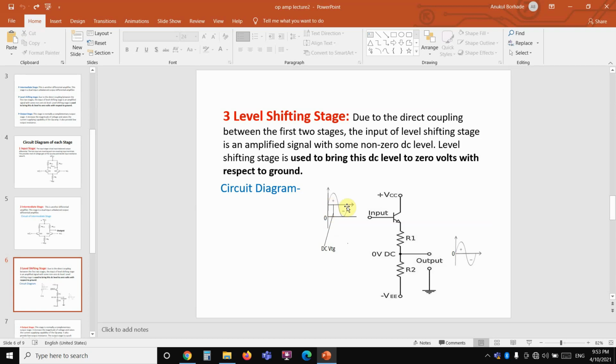Means there is a DC as well as an AC sinusoidal signal, right? And when we apply this signal to the base terminal of the transistor and take the output at the emitter terminal, using the voltage divider rule, by this technique we get only the AC output, means this stage reduces the DC level to zero, right? This is the function of the level shifting stage.